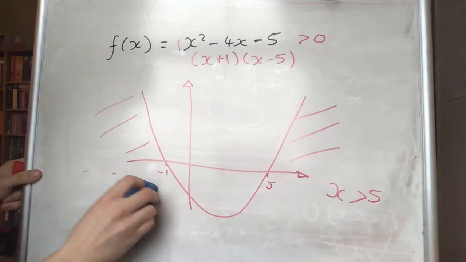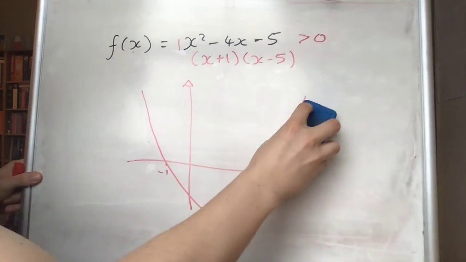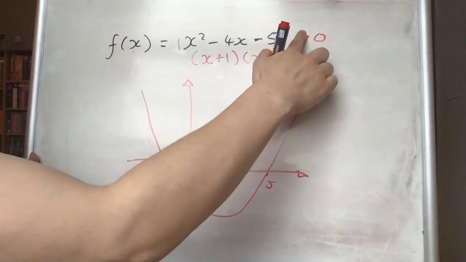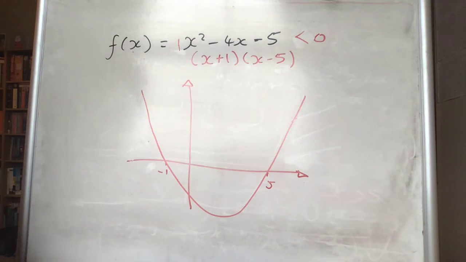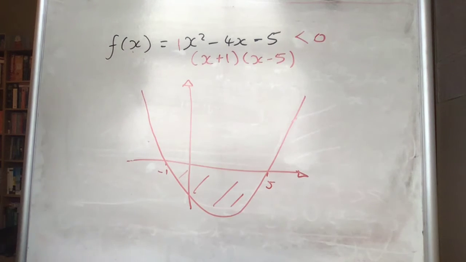Now how about we flip the inequality and, instead of greater than 0, this time we put less than 0? To solve this, that is the region where the x values are when the curve is below the x-axis. And we're talking about this little region in here.